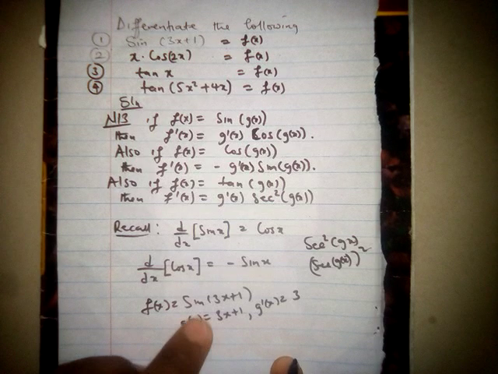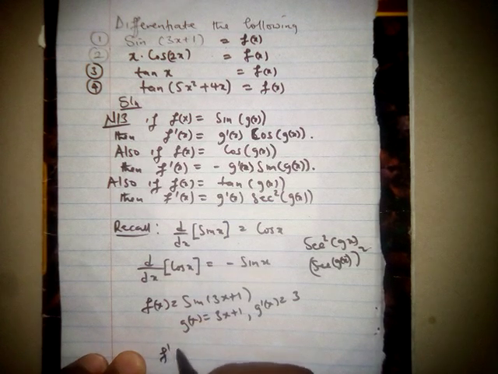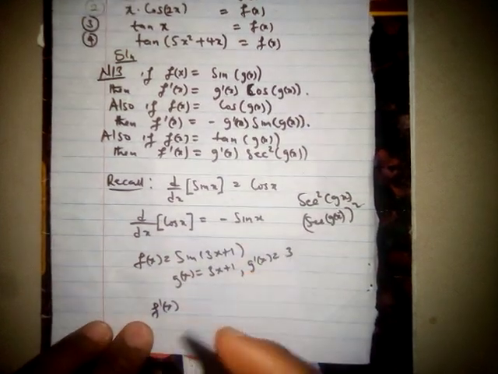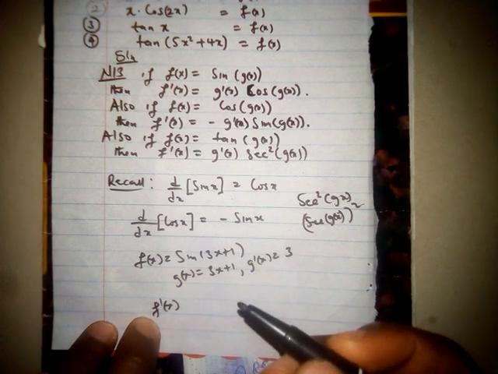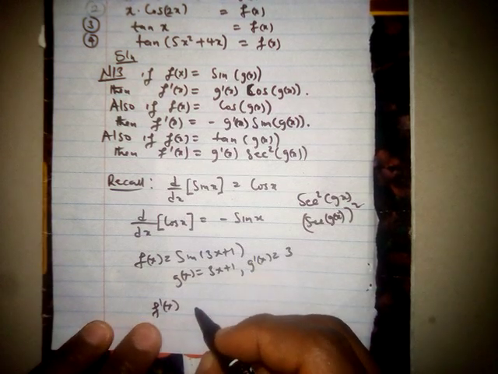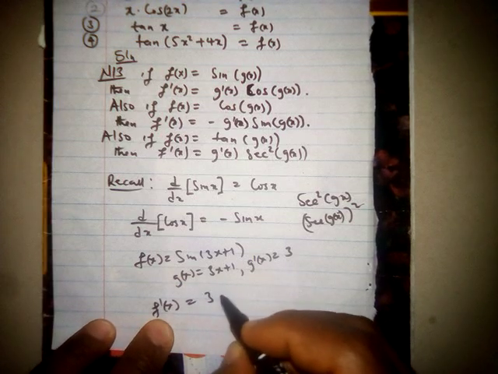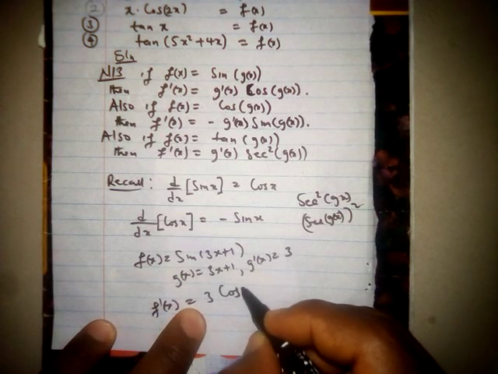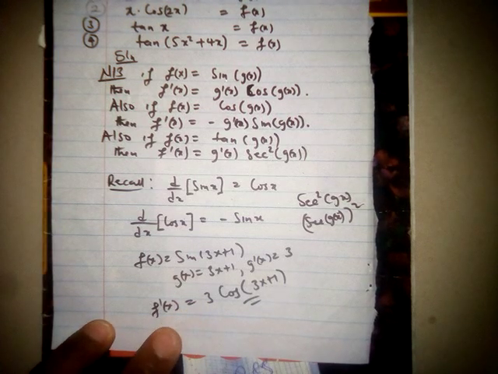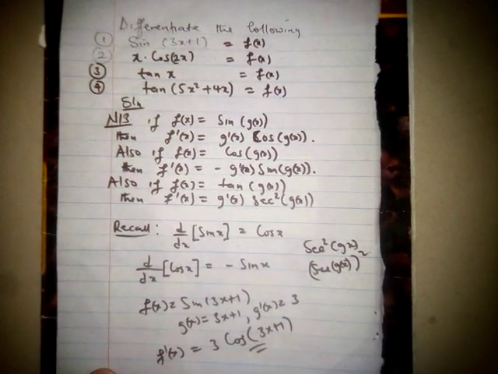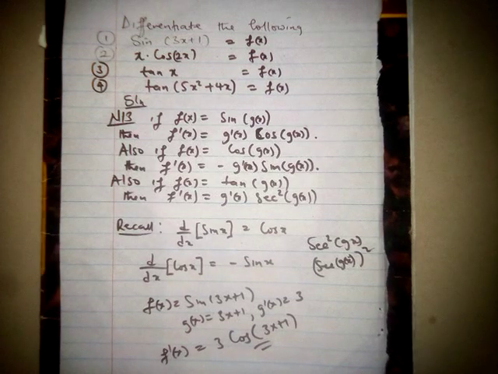Now if we find our f prime of x using the formula, it is g prime of x times cos g of x. So my g prime of x is 3, times cos of my g of x, which is 3x plus 1. Very simple.